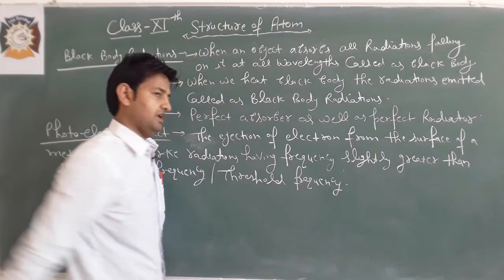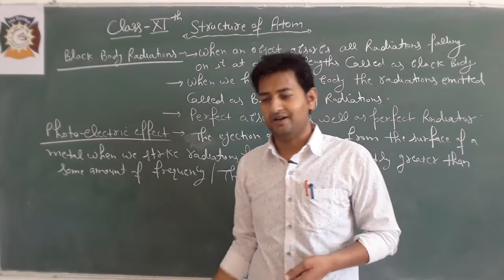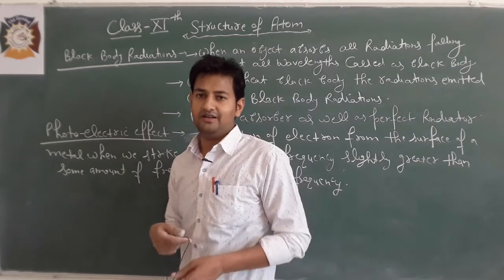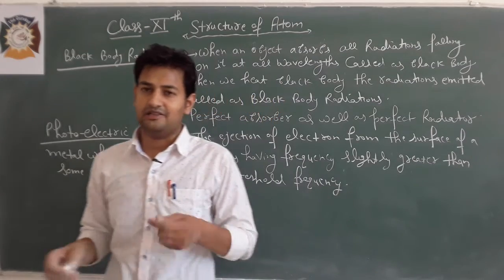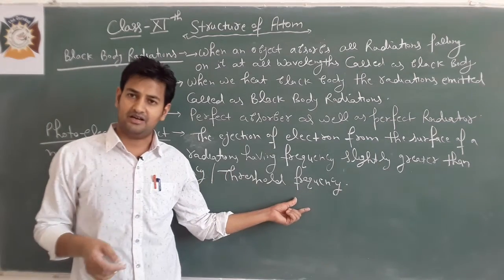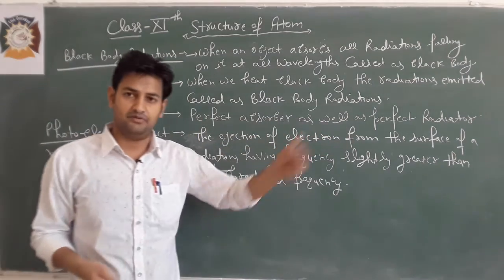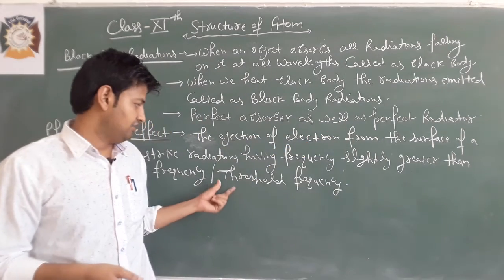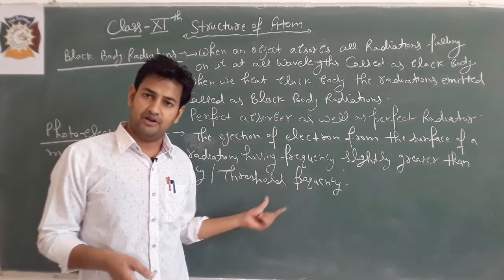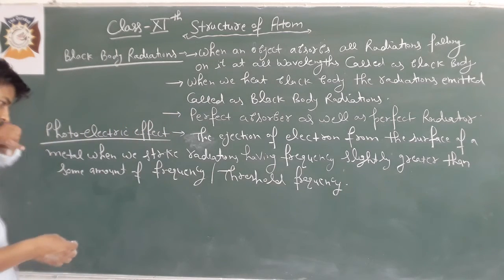Threshold frequency is that frequency below which, if we apply radiations having frequency less than the threshold frequency, electrons will not be ejected from the surface of the metal until we apply a frequency greater than the threshold frequency.